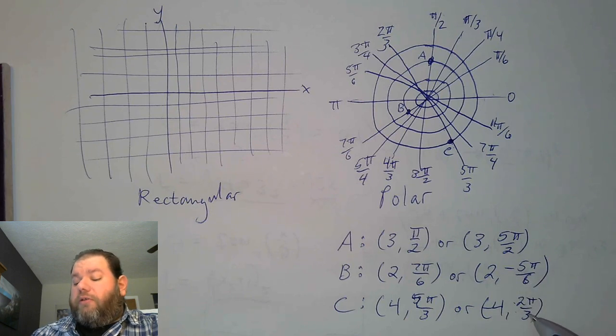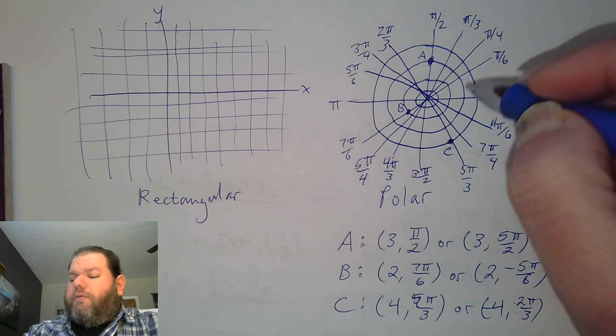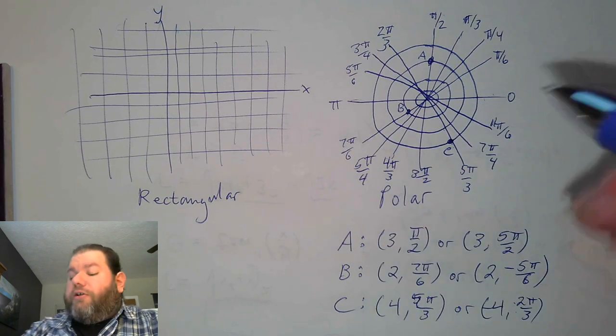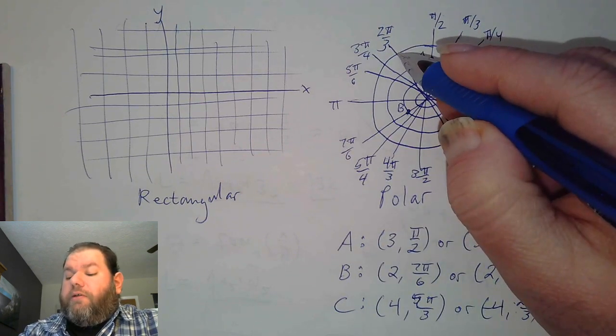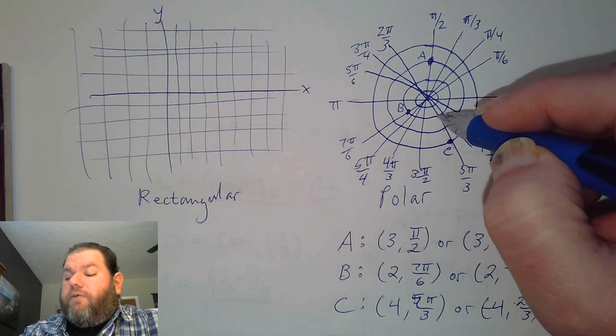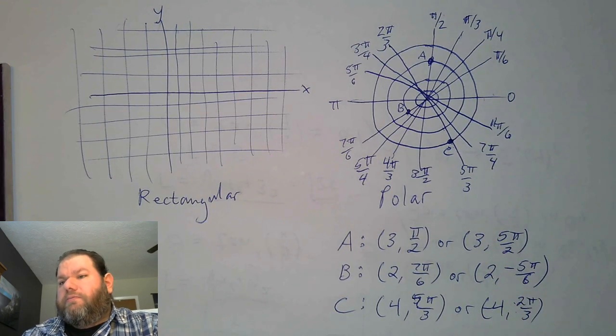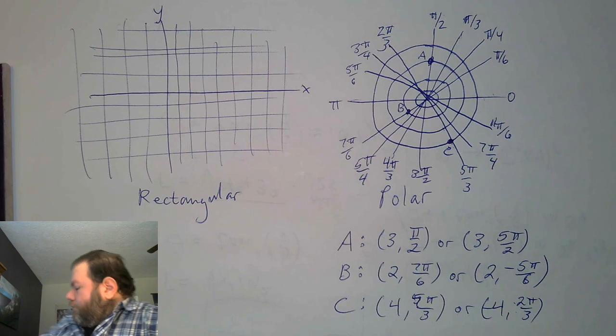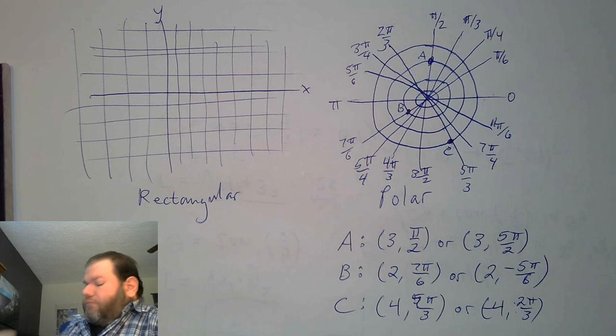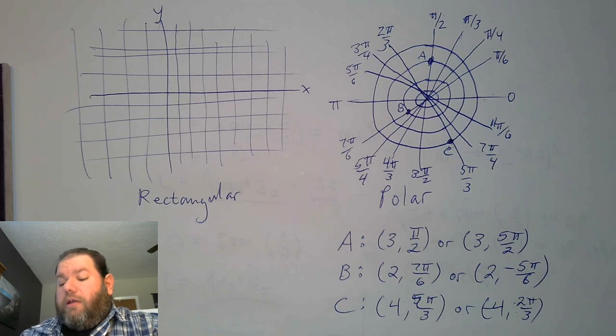Or we could go to the positive angle and then go in the opposite direction. This is the trickiest, or strangest, one: we come around to 2 pi over 3, but then count negative 4, which goes in the opposite direction. Anyway, those are the different ways that we can label polar coordinates on a plane.